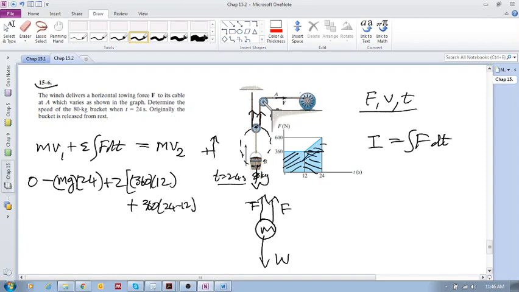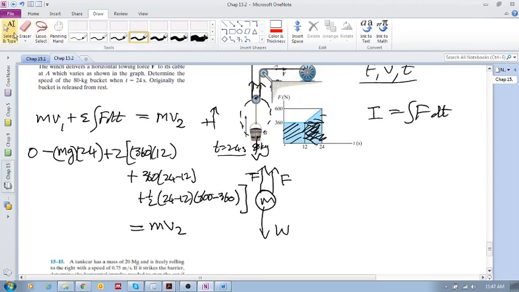That's this rectangle. And then we need to also consider the triangle, which is half, and the base also is 24 minus 12, and the height will be 600 minus 360. You need to consider the total area, and then this equals mv2.